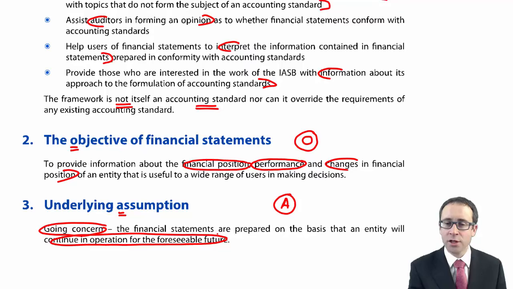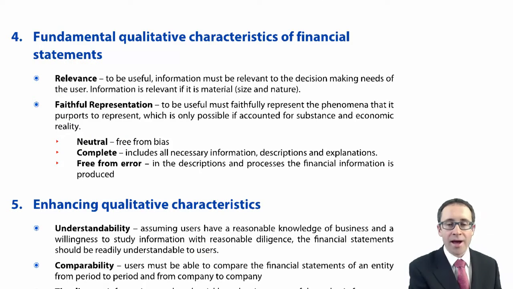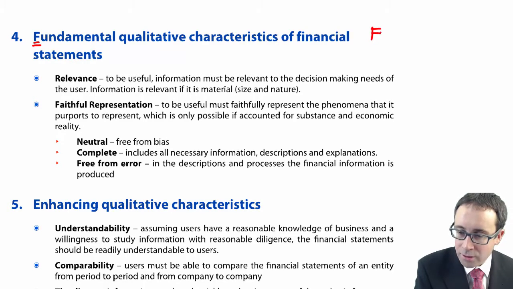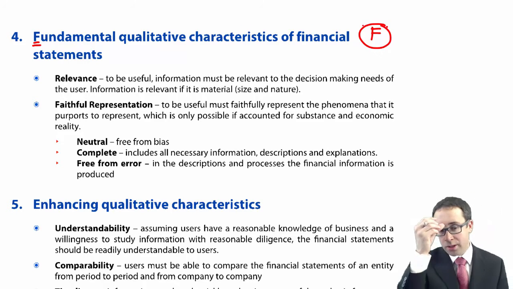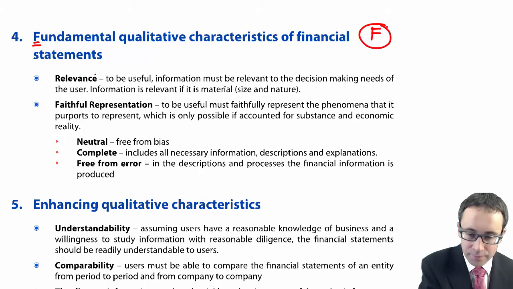Okay. So we have an R, the role, we have O, the objective, we have A, the assumption. We will play around with all the letters to create the mnemonic at the end. Then what we have is the qualitative characteristics. First of all, we're going to look at the fundamental qualitative characteristics, okay, of which there are two.